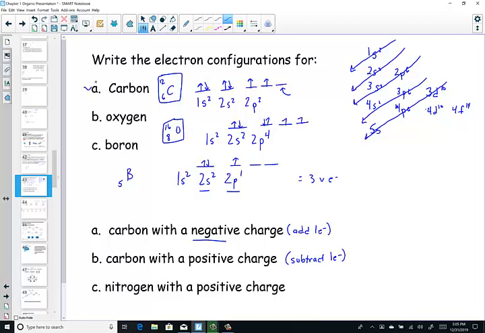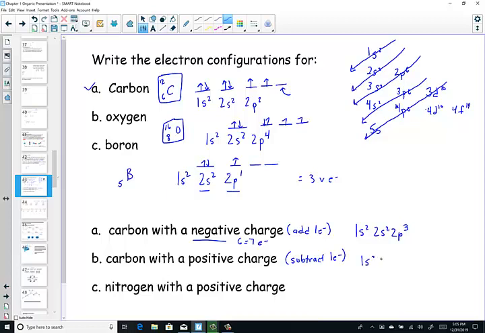Well, up above here, carbon as an atom started as 1s2, 2s2, 2p2. But if we added an electron, instead of having 6, we now have 7 electrons, meaning that we'd have 2p3. So carbon with an extra electron has an electron configuration with 1 more electron than its neutral atom.